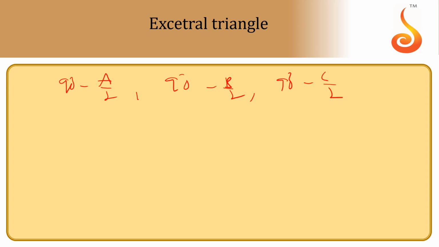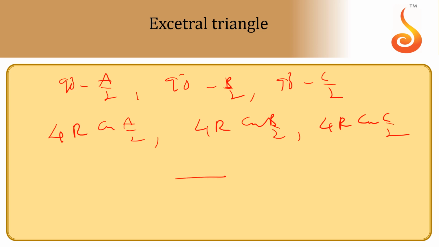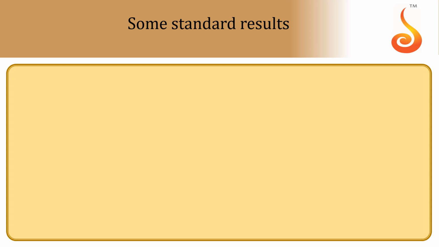And the sides of the excentral triangle are 4 capital R cos A by 2, 4 capital R cos B by 2, 4 capital R cos C by 2. These are the sides. So again I am telling, if you remember the 6 elements, you can find the area of the excentral triangle, the circumradius of the excentral triangle, everything you can find. This is very, very important.